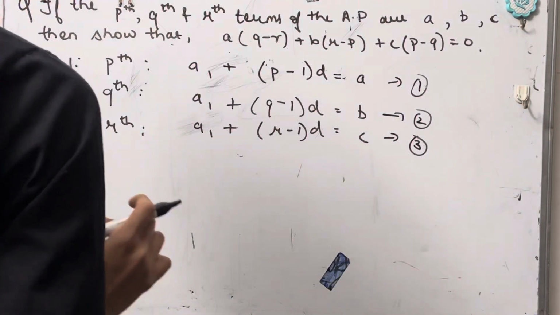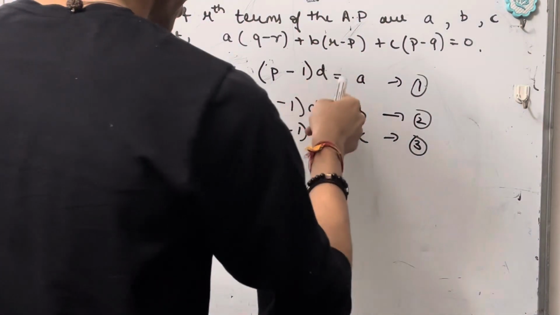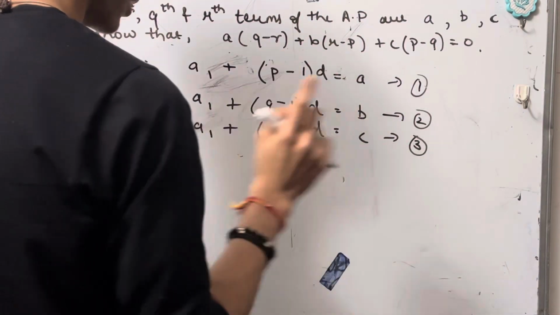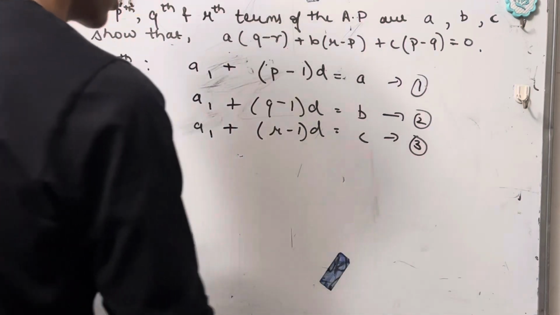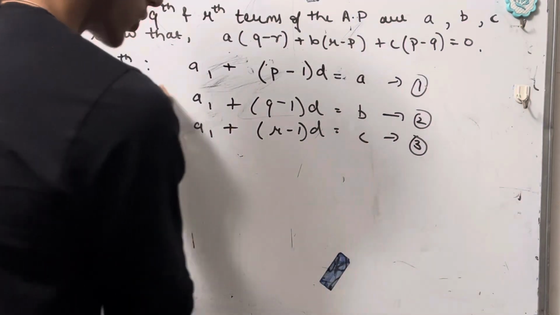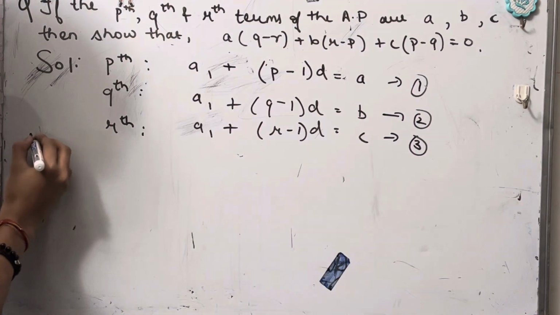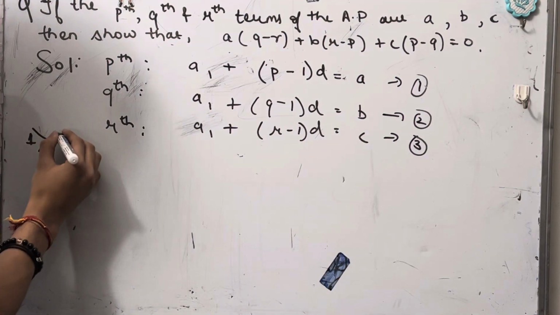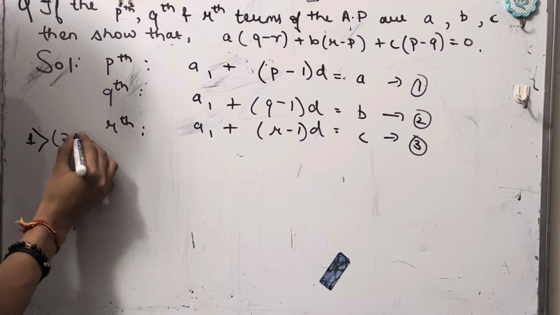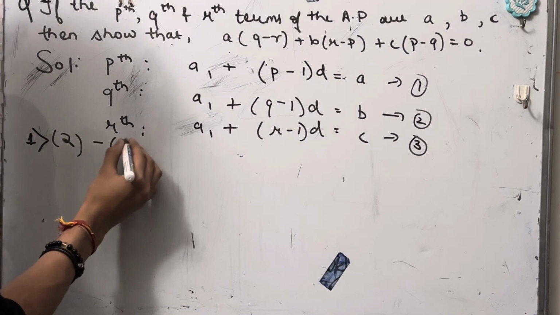Now we will subtract these equations according to this. In the first part it is Q minus R, so we will subtract equation 2 and equation 3. So the first step: I will subtract equation 2 minus 3.